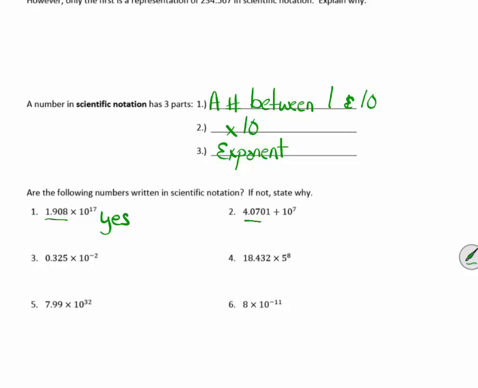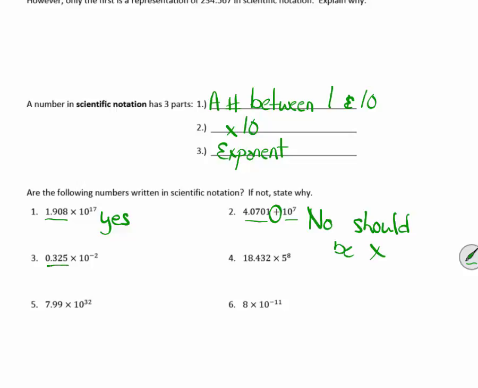I have a number out front. It's between 1 and 10. Beautiful. I have 10 and an exponent. But I have an addition sign, and it can't be an addition sign. It has to be a multiplication. So this is no, should be multiplication, not addition.